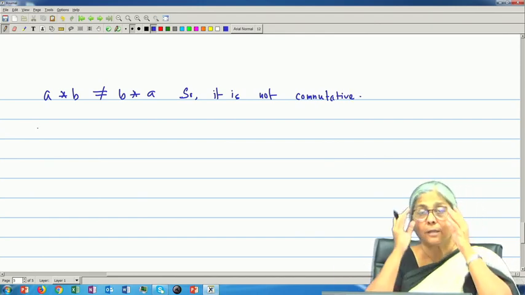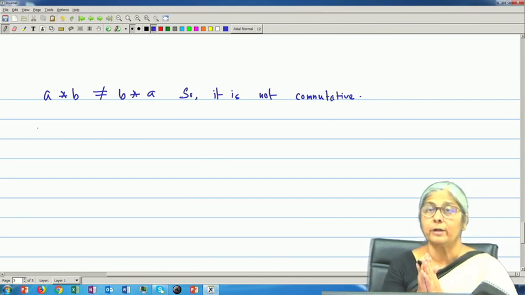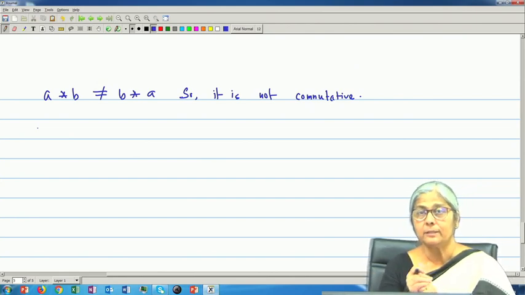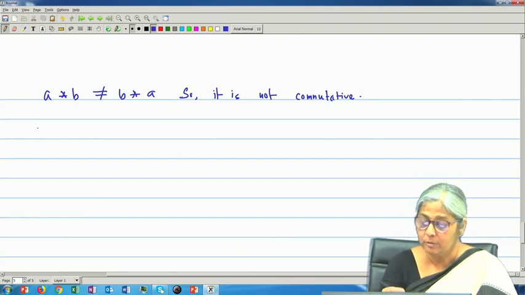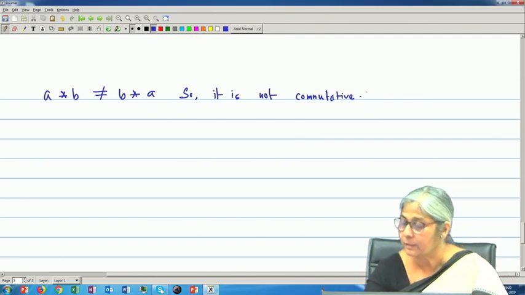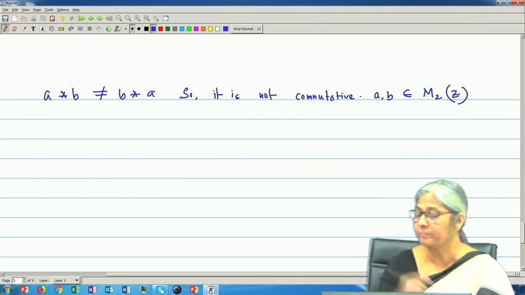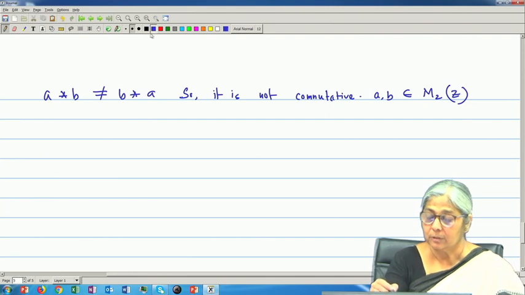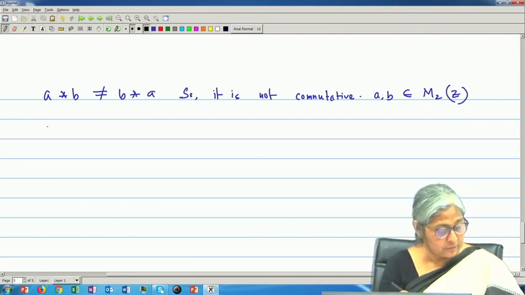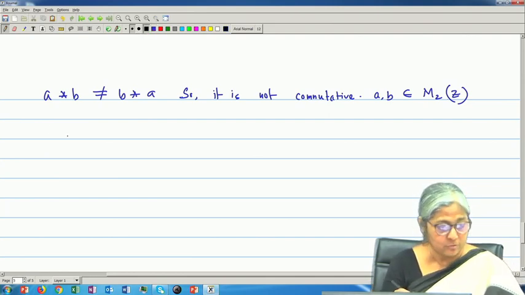So, that means if we want a commutative ring, then in addition we have to make sure this property holds. Okay. So, if I add it, then the ring also holds.